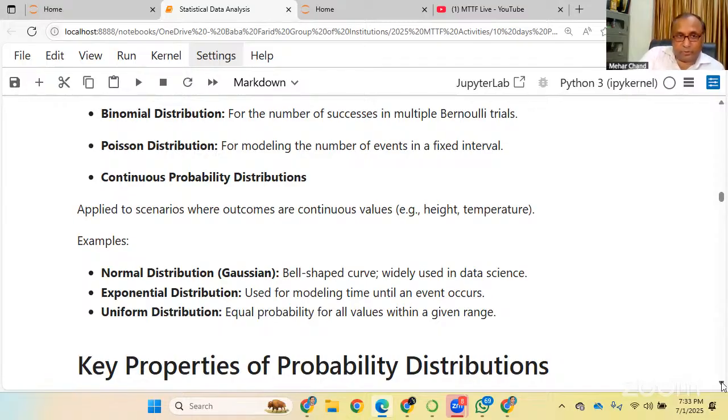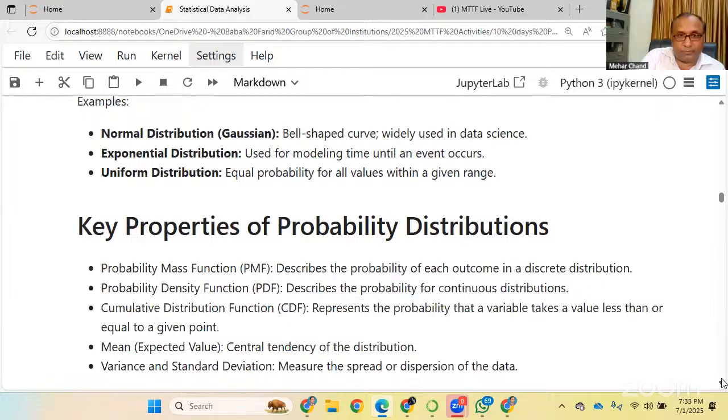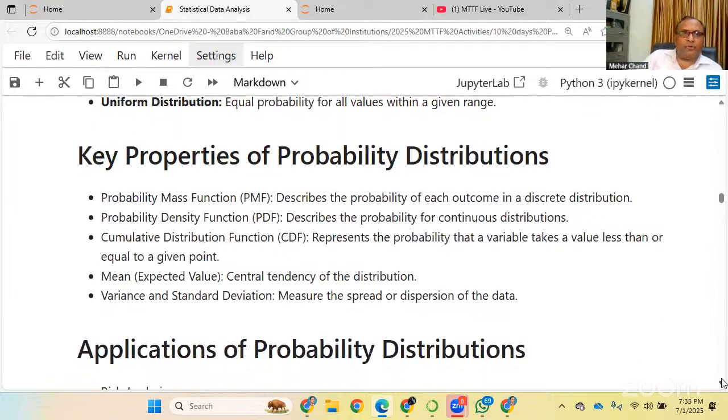Now, what are the key properties of these probability distributions? The probability mass function describes the probability of each outcome in a discrete distribution, and the probability density function describes the probability for a continuous distribution.